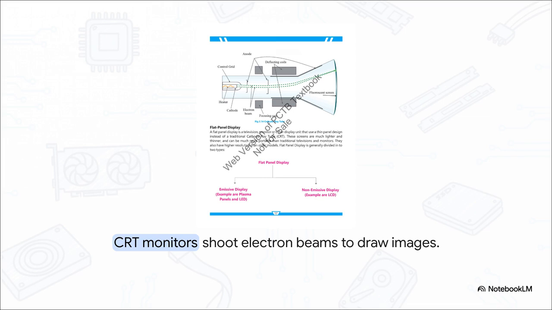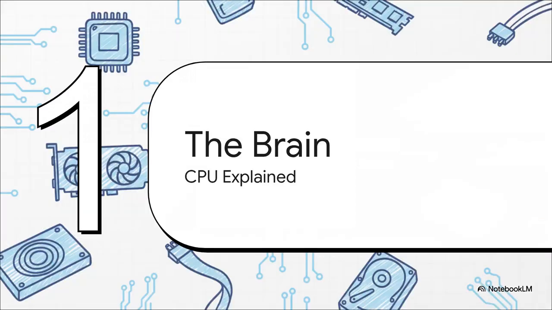Before we had flat LCD or LED screens, monitors used a vacuum tube. An electron beam literally shot out from a cathode, accelerated at a super high velocity, and was deflected by coils to strike a phosphorescent surface on the screen. It's honestly fascinating to think that old computer monitors were basically mini particle accelerators shooting beams of electrons just to draw images for us.